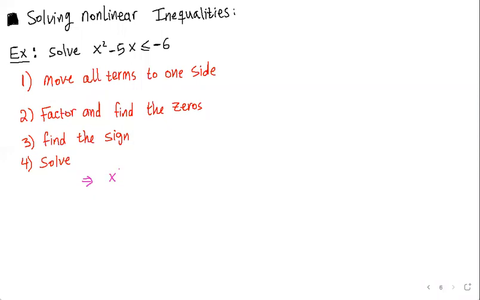I get x squared minus 5x plus 6 less than or equal to 0, since minus 6 plus 6 cancel each other. Now, second step, factor and find the zeros. How can we factor these things? What is the factor for x squared minus 5x plus 6?